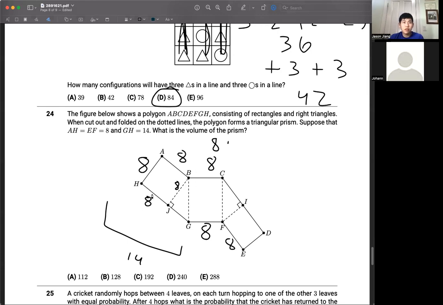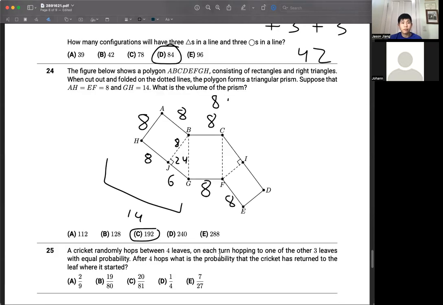And HJ must also be 8, since we have a square actually here. Given this side length of 14, we know that JG is 6, it's the remainder. And now we just need to find the area of this right triangle here. And that's base times height divided by 2. That's 24. And so now we just need 24 times 8, which is C, 192.